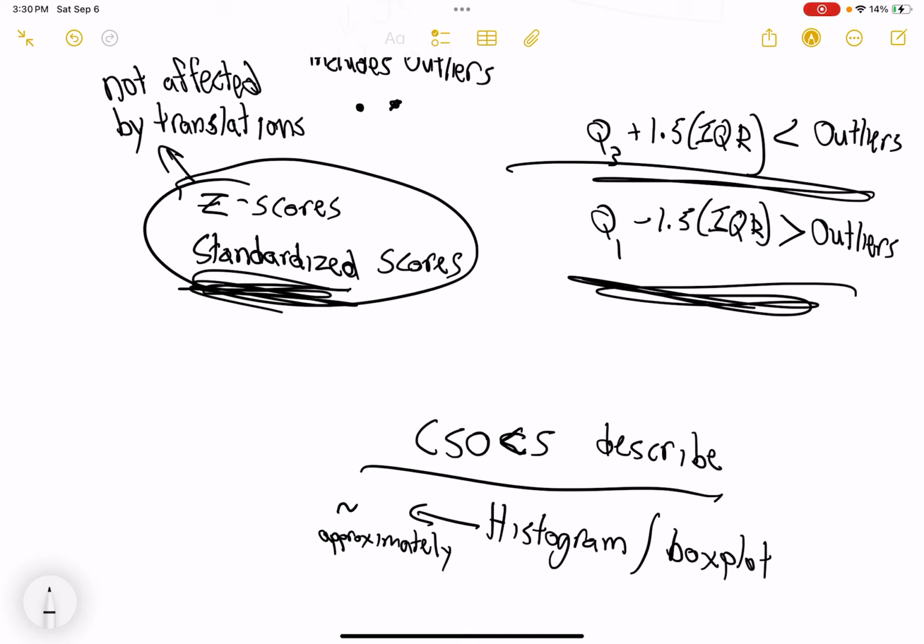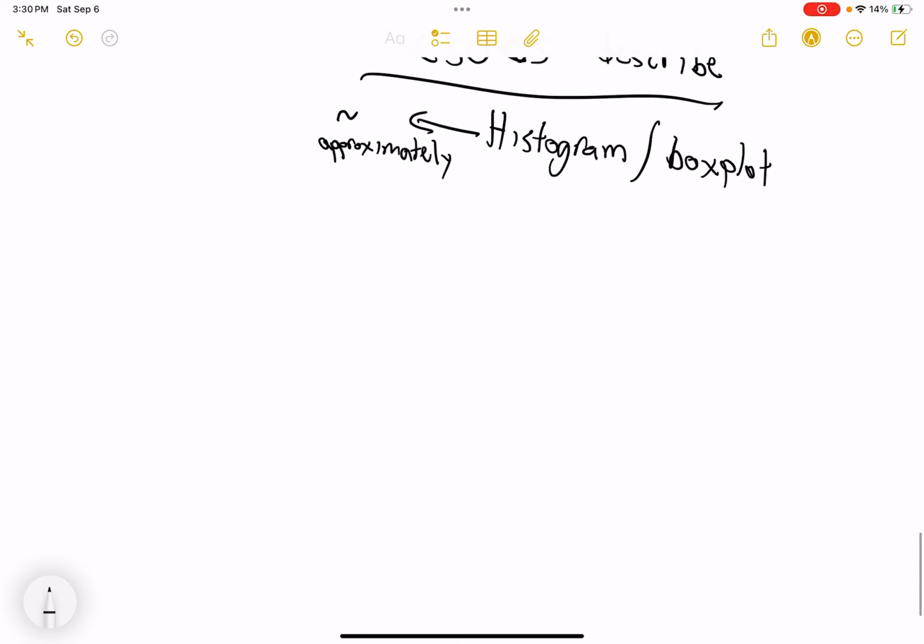All right, we're good on z-scores. We are good on 1.5 IQR. Remember how to compare, or remember when we're comparing two distributions or a data set in a distribution? If you're making an overall comparison, center is king.